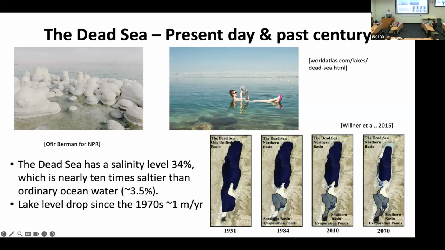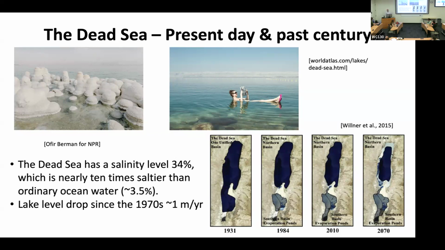You can see that it's been increased over time. And so we're slowly but surely losing the Dead Sea. And there have been different suggestions on how to save the Dead Sea, such as a canal that connects the Mediterranean or the Red Sea to bring water.